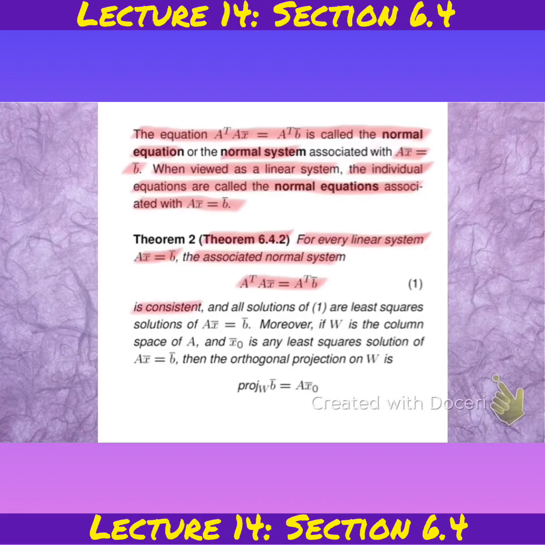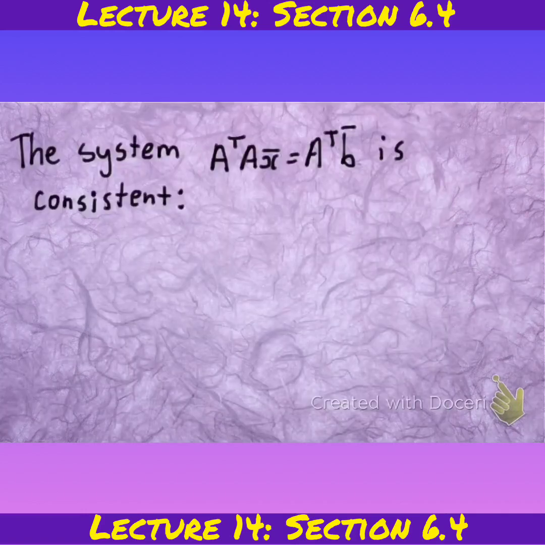So it's got a solution, and all the solutions of it are least square solutions of AX equals B. Moreover, if W is the column space of A, and x0 is any least square solution of AX equals B, then the orthogonal projection on W of B is going to be this vector AX0.